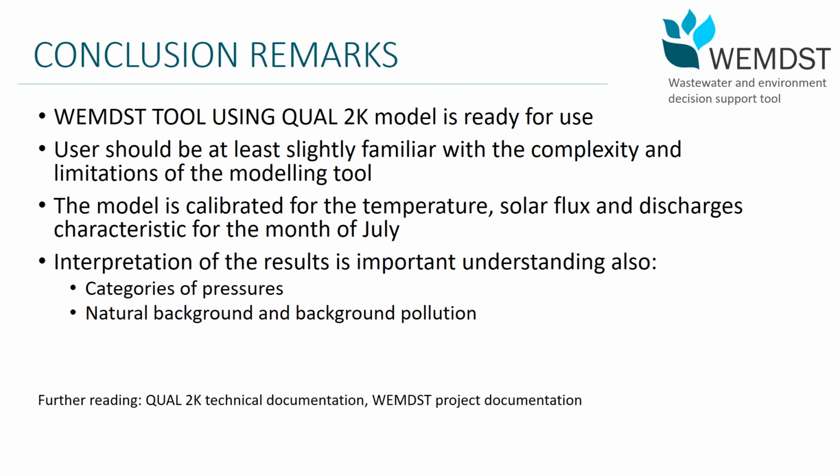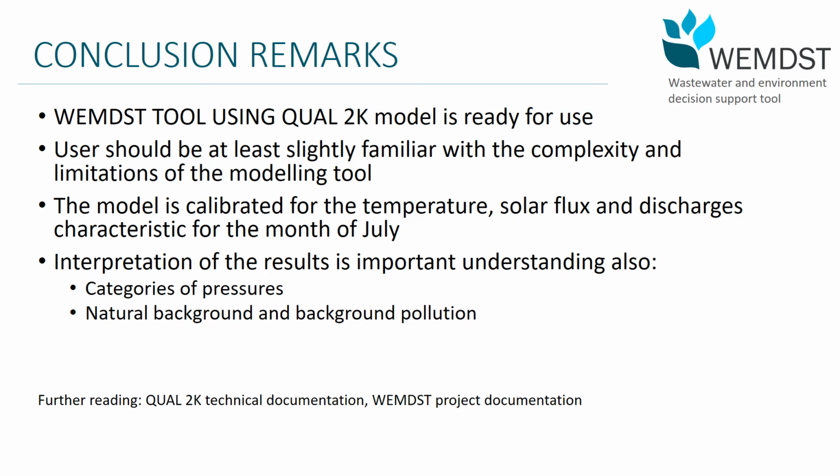The model is calibrated for the temperature, solar flux and discharge characteristics for the month of July, which is considered a relatively reference month. Why reference? Because the discharges are low, which means the concentrations of the pollutants are high. This is also related to the temperature and oxygen level in the watercourses, which could become critical with significant lows.